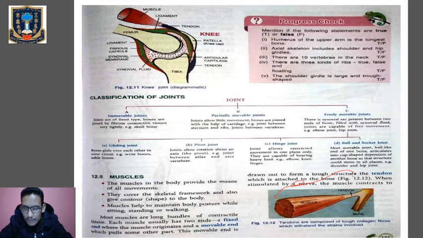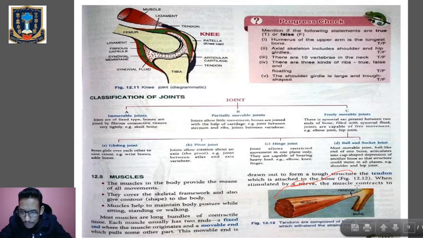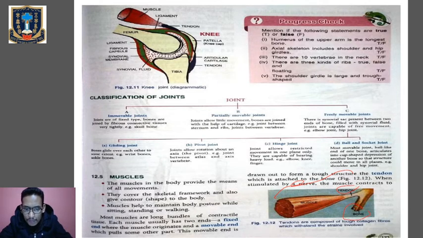Now each muscle usually has 2 ends. We have a fixed end from where the muscle originates, and a movable end which pulls some part. The movable end is mainly drawn out to form the tendon, and this tendon is attached to the bone.